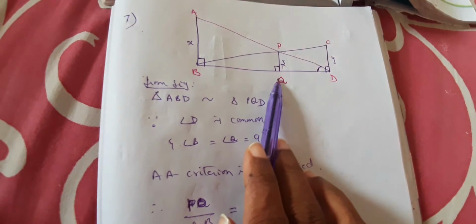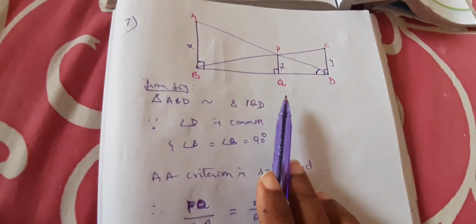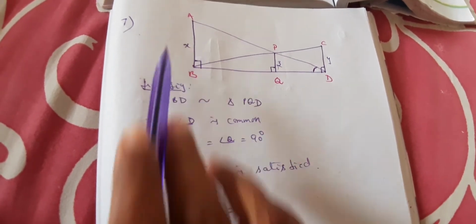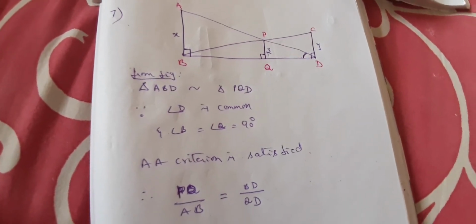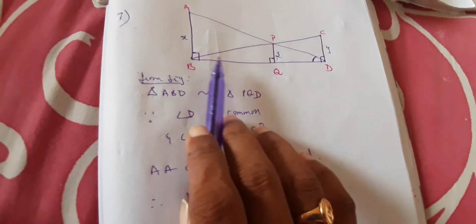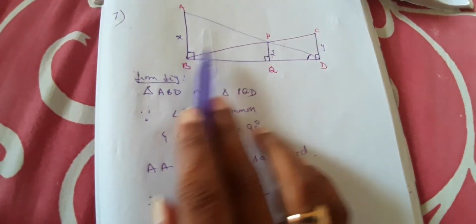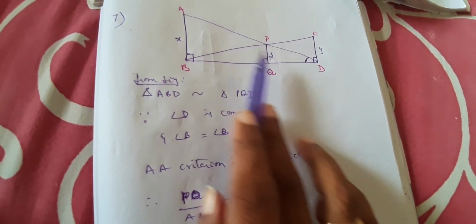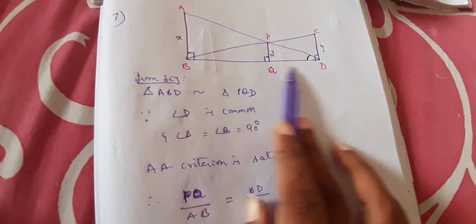So now PQ by AB. Why am I taking it like this? Because I want X to be in the denominator, to make my problem easy. So I am taking PQ by AB. Now what is the base of this smaller triangle? QD. What is the base of the larger triangle? It is BD.